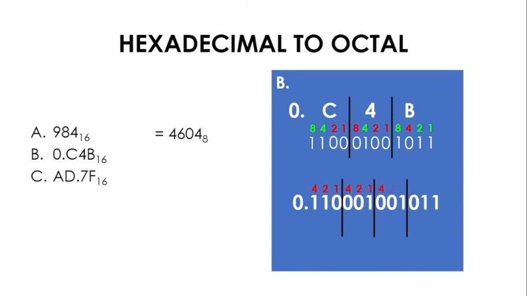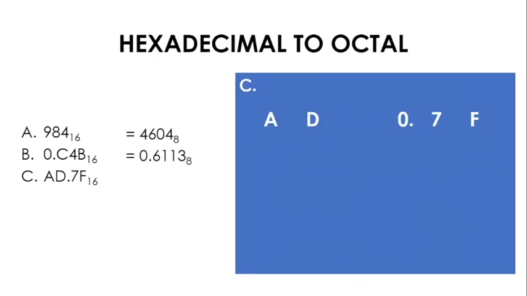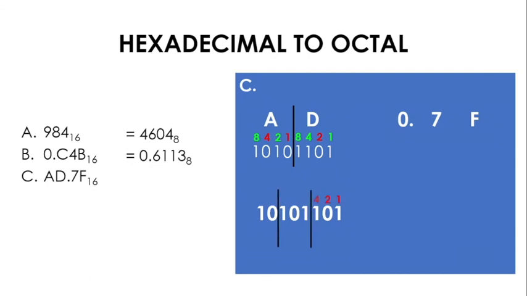We will take the binary and convert it into octal. So the octal equivalent of 0.C4B hexadecimal is 0.6113 octal.